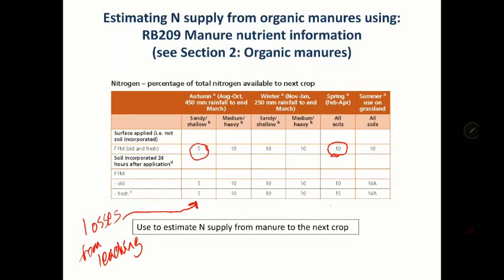That's what that's showing really, which you're not getting with some of these. In fact, if you apply fresh farmyard manure and you incorporate it, that's the other variable I forgot to point out, you can see here, if you incorporate fresh farmyard manure in the spring, then you can get as much as 15% of the total available to the next crop, because you've minimized loss by volatilization, right? So let me just write that here.